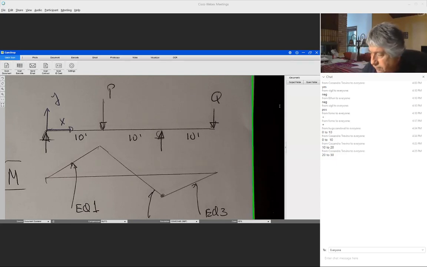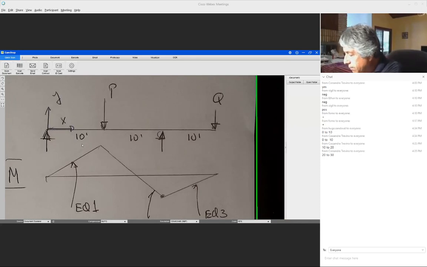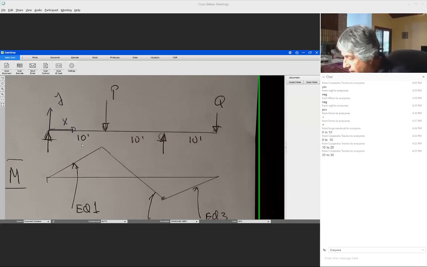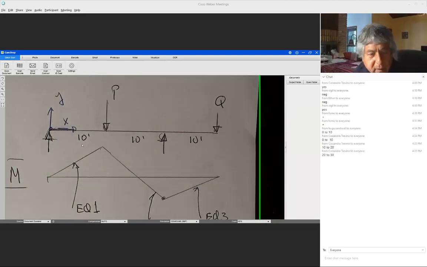For instance, to describe equation number 1, I'm going to leave the origin at this location, and I'm going to put a section in here.